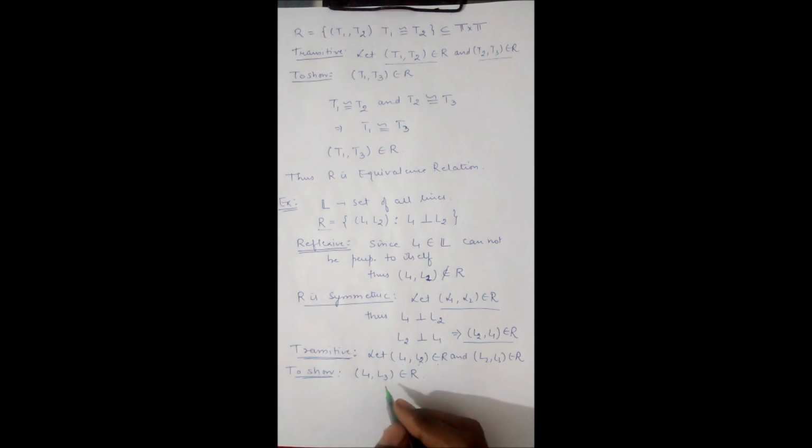This is not possible, because if this is my line L1, then the perpendicular line is my line L2, because (L1, L2) belongs to R. This means L1 is perpendicular to L2. So (L2, L3) also belongs to R. This makes my L3 perpendicular to L2, so my L3 should be like this.